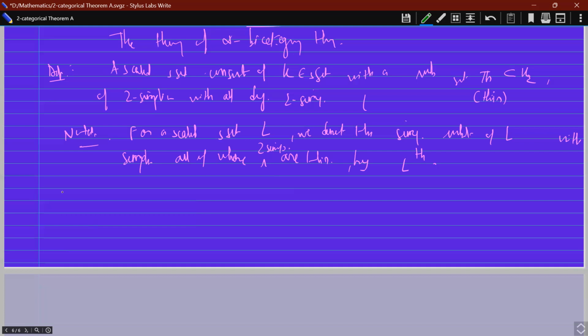Now for scaled simplicial sets, L and TH, that is my set of thin two simplices. This is the way you write a scaled simplicial set.